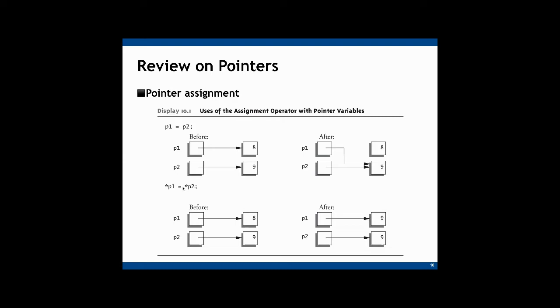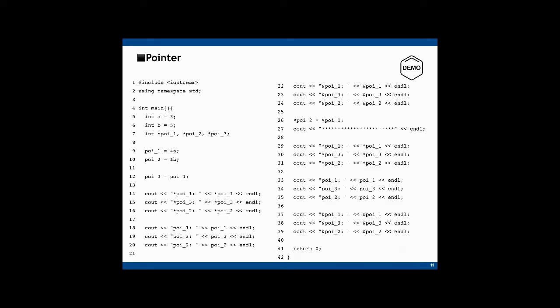But if we use this assignment statement with the asterisk, P1 still points to this memory location, but the value of P2, which is 9, is copied to this memory location where P1 is pointing to. So this is the difference between these assignments and these assignments. Okay, let's look at this pointer demo code.